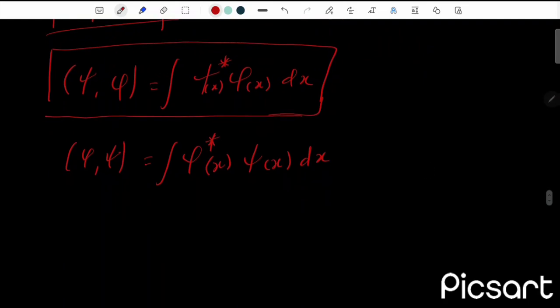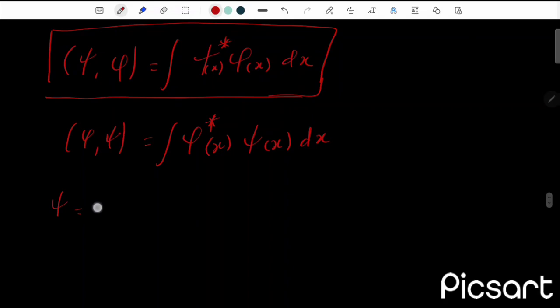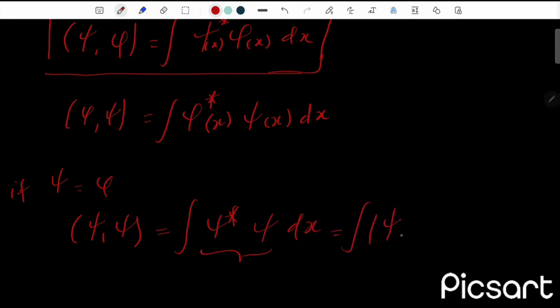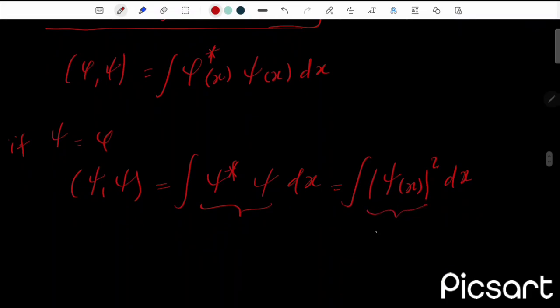On the other hand, if psi is equal to phi, then this inner product is equal to the integral of the complex conjugate of psi times psi dx, where this is the square of the modulus of psi, which we call the probability density.